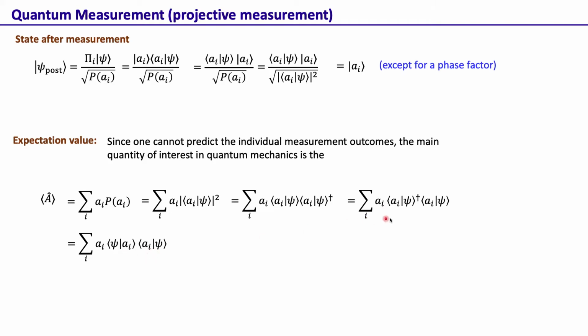Again, get rid of this dagger, and then this is essentially this, and here we have just used the fact that the sum over |a_i⟩⟨a_i| is equal to 1, and that is actually the operator A. So the expectation value of A on any state is basically ⟨ψ|A|ψ⟩. Experimentally, when we calculate this quantity, it involves a large number of measurements, but that's how we theoretically write it.